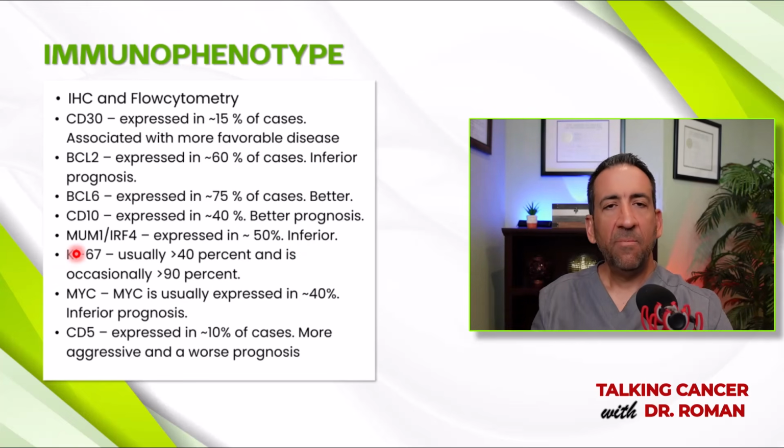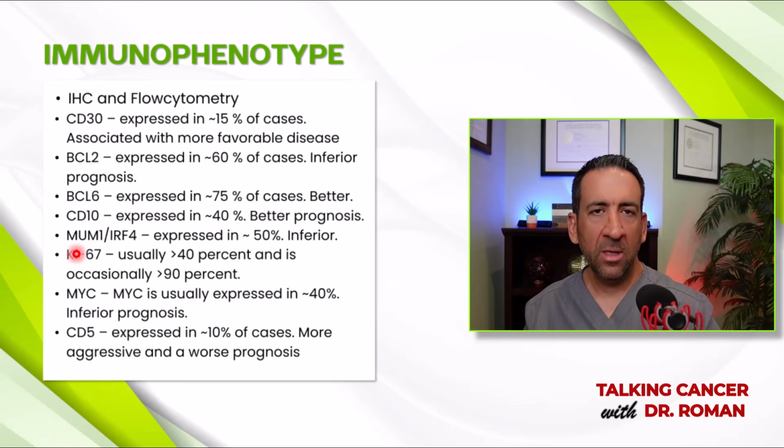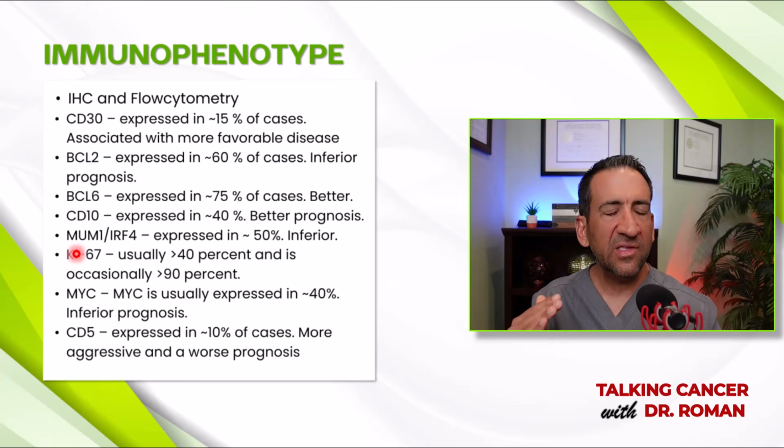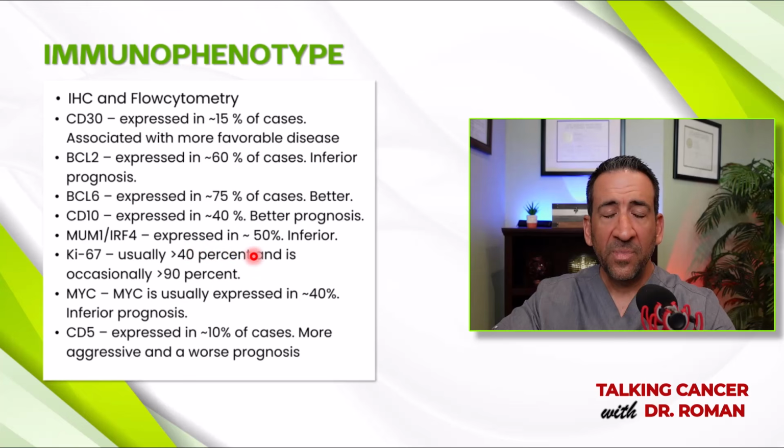Ki67 basically tells you how quickly your lymphoma is growing. The higher your Ki67, it usually means that your lymphoma is growing faster. So it is usually greater than 40%, but it is occasionally even greater than 90%. And of course, the higher the number, it just means that your lymphoma is that much more aggressive.